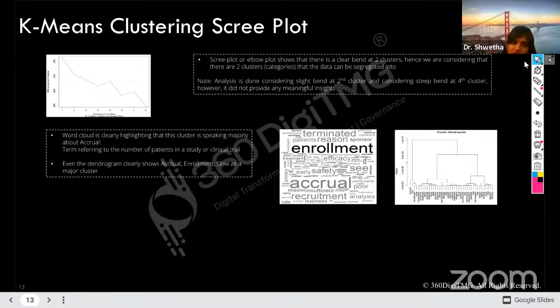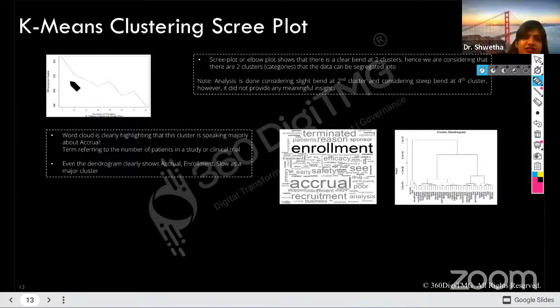We can also go for the k-means technique. Okay. Yesterday we saw the scree plot in k-means, wherein we see the clear bend or rate of change. Once there is a clear bend, that many clusters we try to cluster the data into. So, the scree plot or elbow plot shows that there is a clear bend at two clusters.